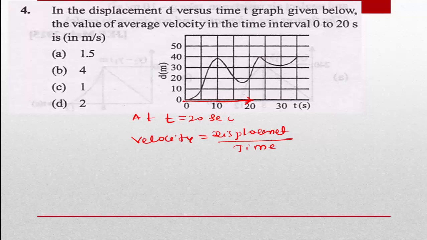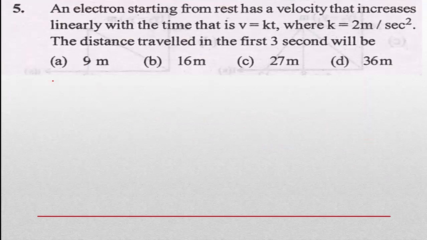At 20 seconds, from 0 to 20 seconds, what is the displacement in the graph? 20 meter divided by time, 20 seconds. 20 divided by 20, we get 1 meter per second. The option C is the right answer.